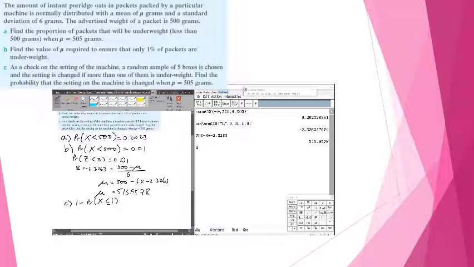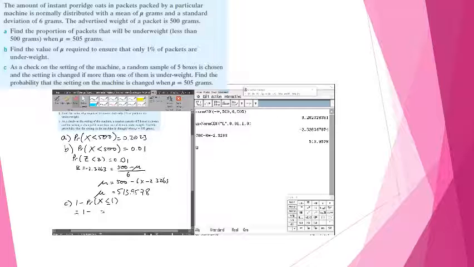Now, if you think about it, we're picking boxes that are either going to be underweight or they're not going to be underweight. So this is actually just a binomial distribution. With the binomial distribution, we have 5 different boxes to choose from.